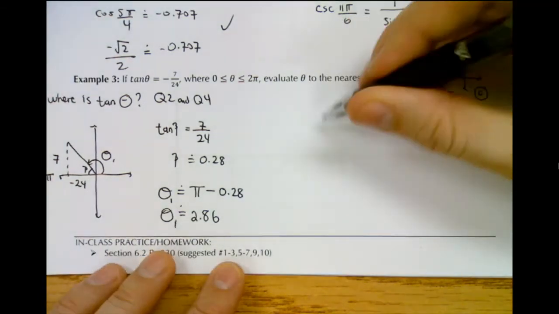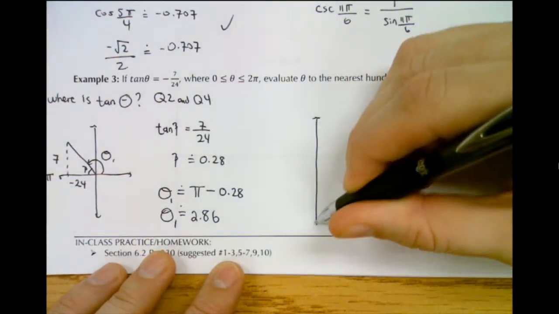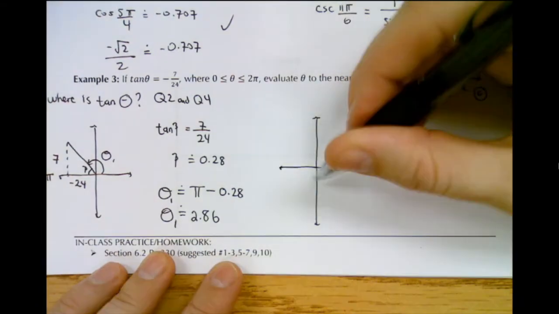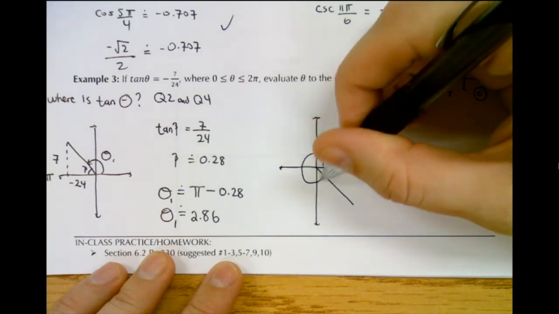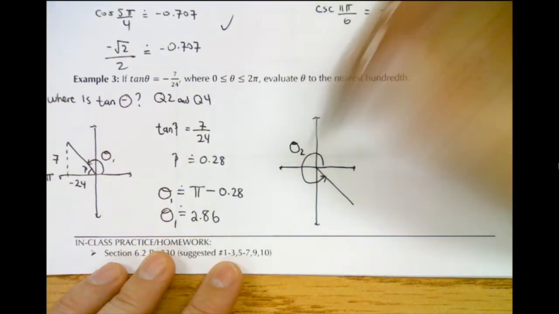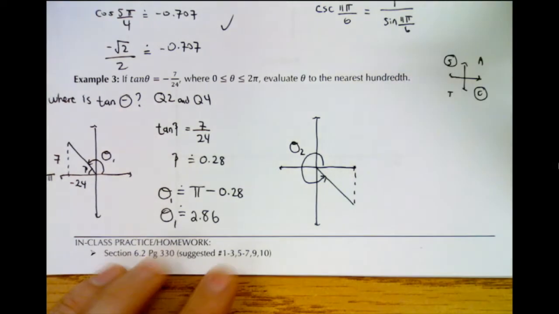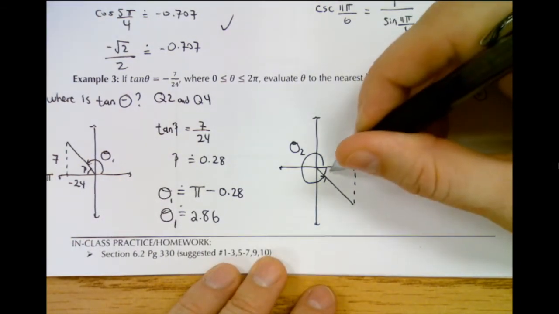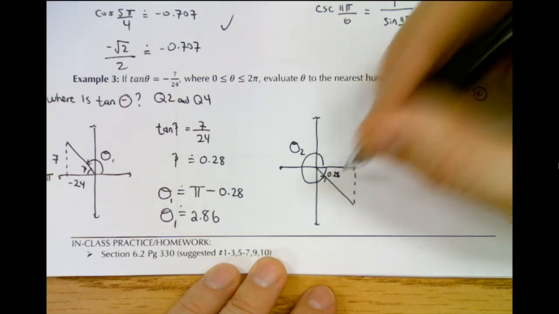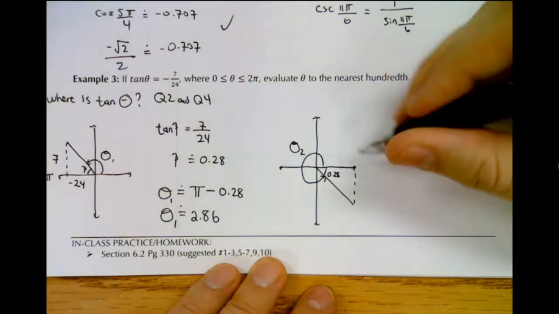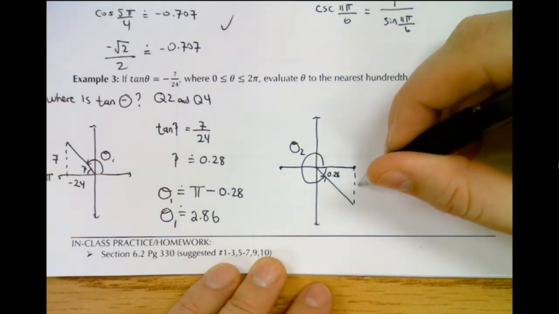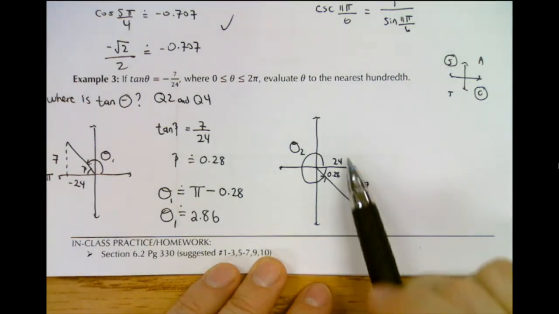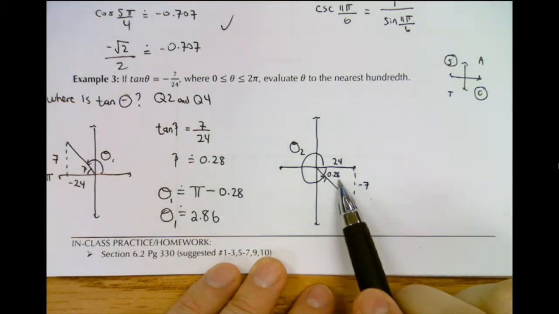Our second answer is in quadrant 4, but some of the work will already be done for us. This is our theta. We'll call it theta 2. But the nice thing here is we've already solved for our beta. We know our beta, our related acute angle, is going to be the same in this triangle, 0.28. So we don't have to do any of that extra work. We can label the triangle if we want with negative 7 for our opposite and 24 for our horizontal, but since we already know the related acute angle, we don't have to do any math here.